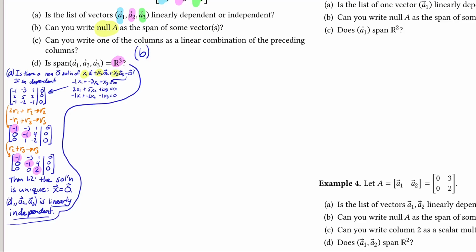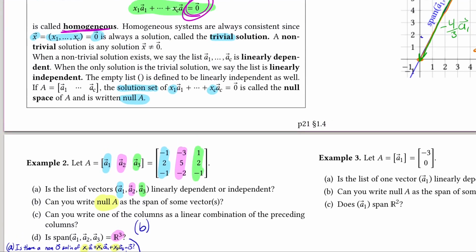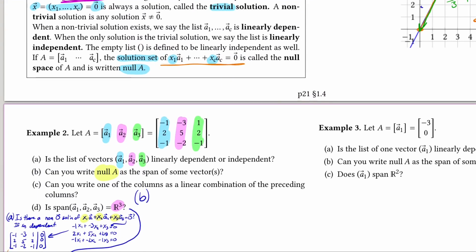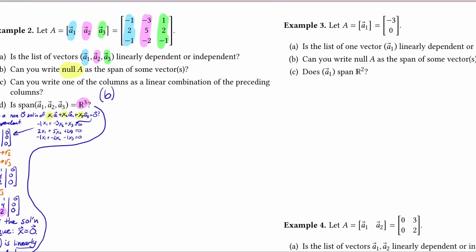So B says, can you write the null space of A as the span of some vectors? Well, the definition of the null space of A is the solution set of this, and we just talked about the solution set of the homogeneous equation, and we found that the only solution is 0, the trivial solution, x equals 0.